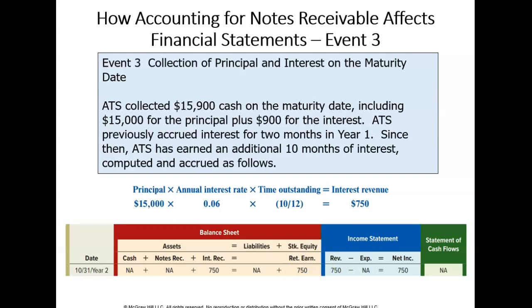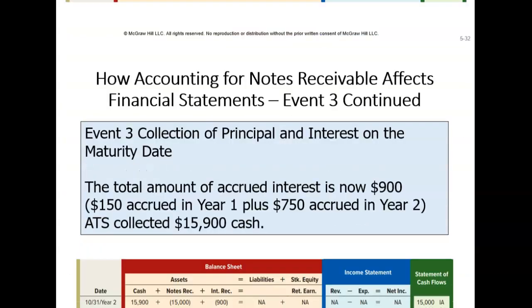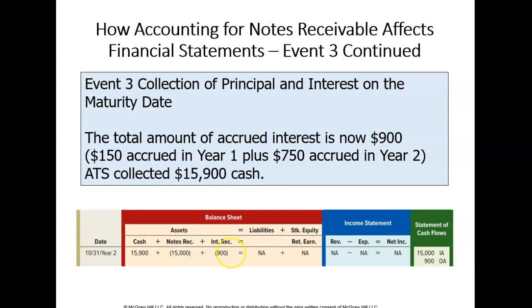So now it's payday. It's time to get paid by the actual client. So when a client pays us, we'll recognize cash for $15,900, and decrease notes receivable by $15,000. We've been paid now, and we're going to decrease interest receivable by the $900 because both the principal amount and the interest have been paid back to us.